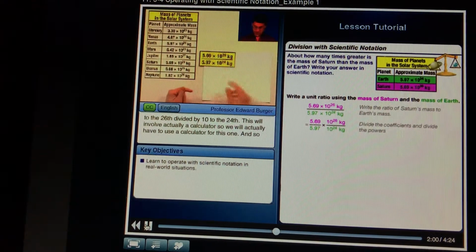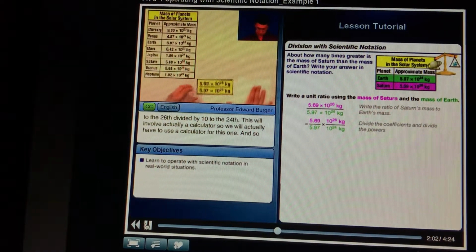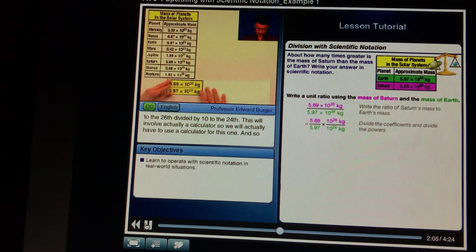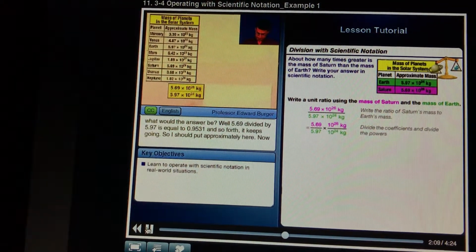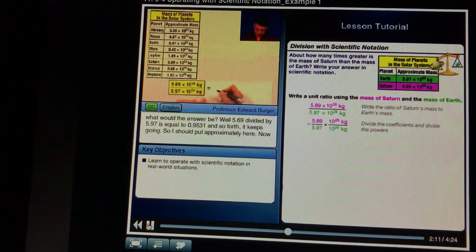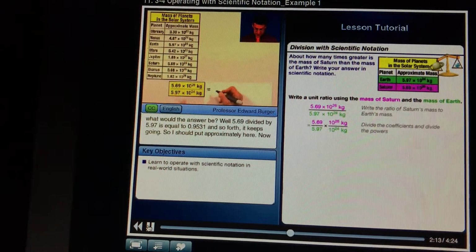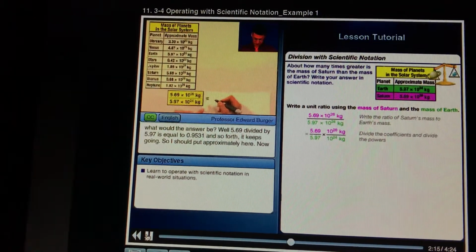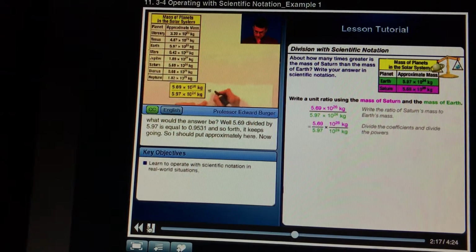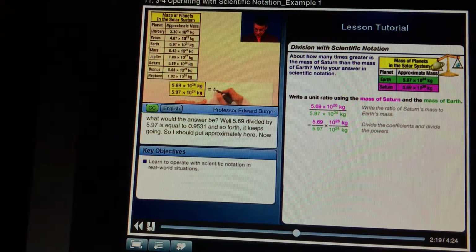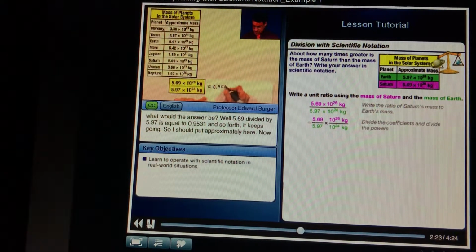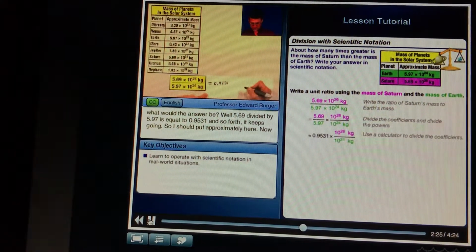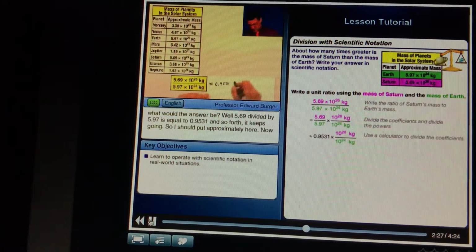This will involve a calculator. And so what would the answer be? Well, 5.69 divided by 5.97 is equal to 0.9531 and so forth. It keeps going. So I should put approximately.